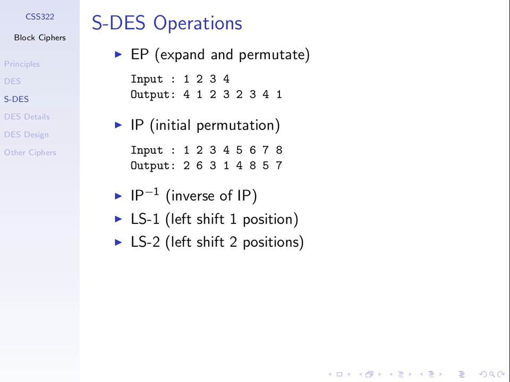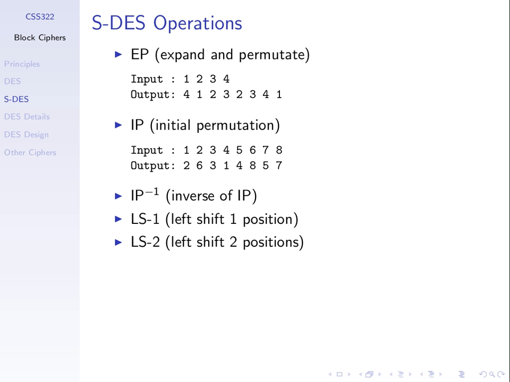If we write down the inverse of IP, the original first bit at the start moved to the 4th position after IP. We need to move it back to the 1st position after the inverse. The first bit moved to the 4th position, therefore we want to move the 4th bit back to the 1st position.